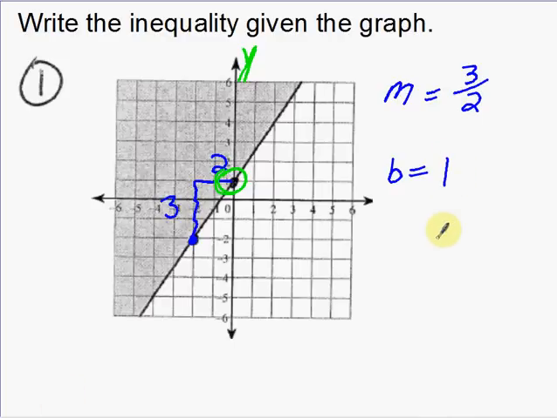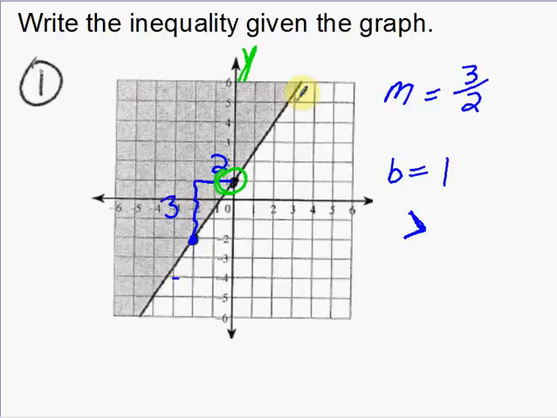Now the last thing that I need, since this is an inequality and not just a line, is to figure out what symbol I need to use. I determine it first by whether I shaded above or below the line, and in this case I shaded above the line. So that tells me that this is a greater than symbol.